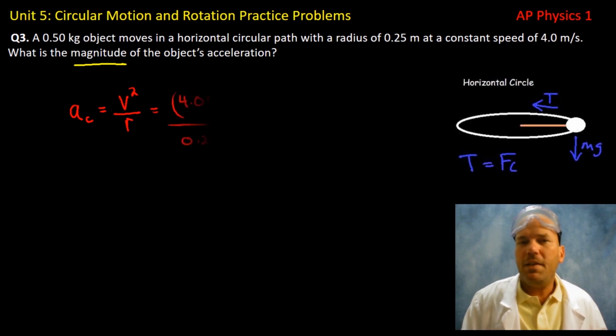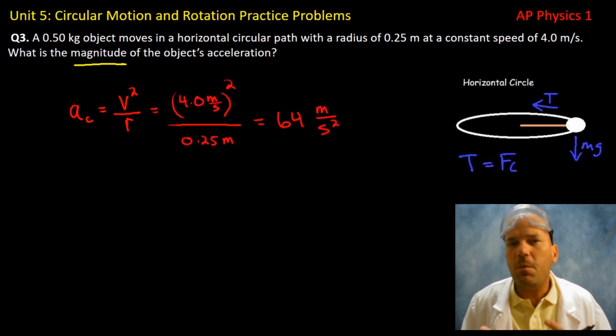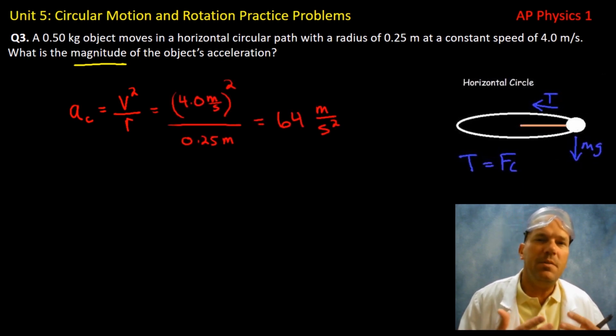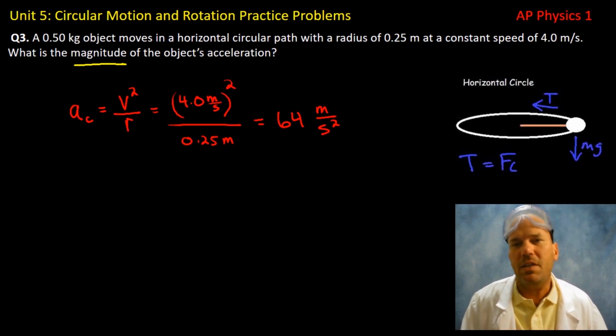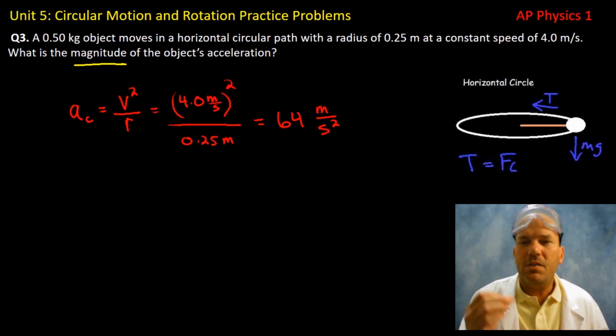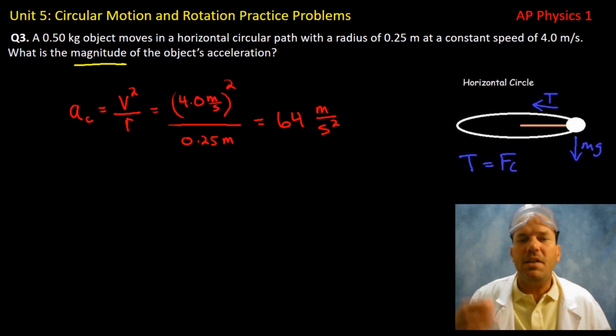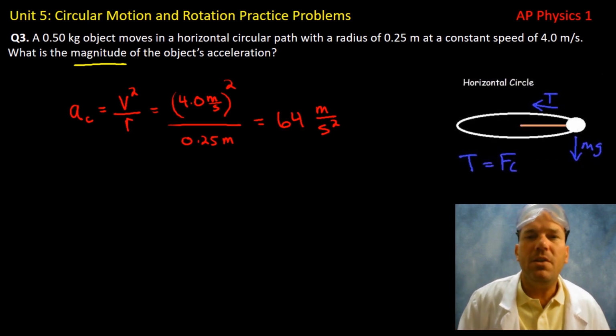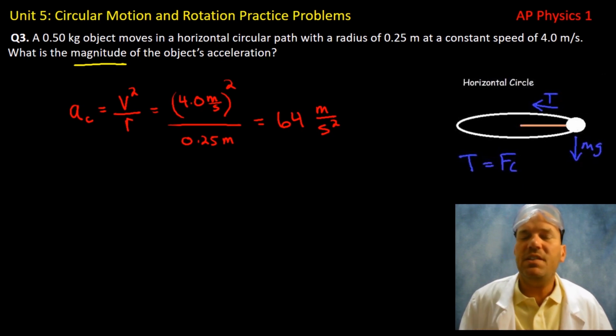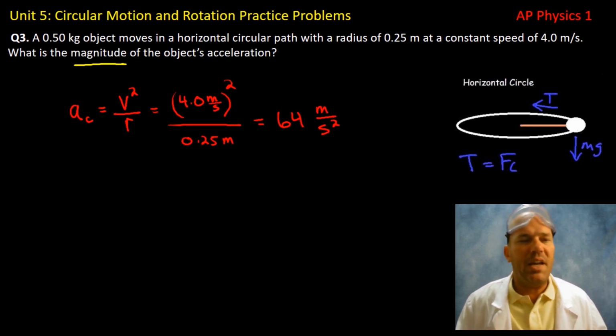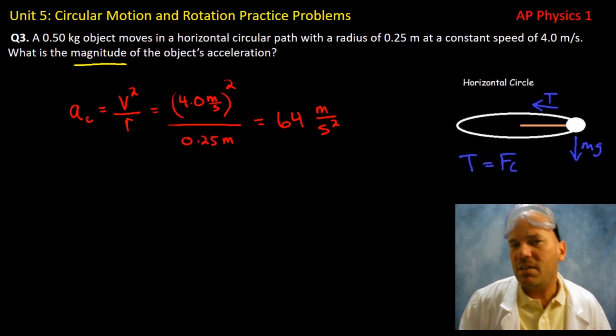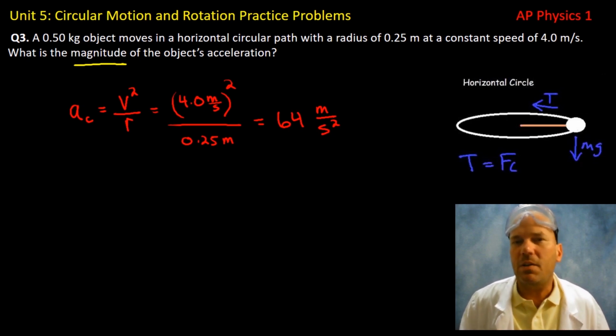In order to find this, we're going to use our formula for centripetal acceleration, being the tangential velocity squared divided by the radius. You have the velocity. If you square it and divide it by 0.25 meters, you end up with 64 meters per second squared as the magnitude of the centripetal acceleration.